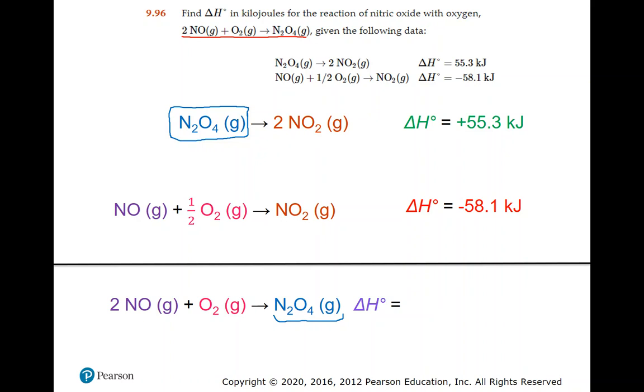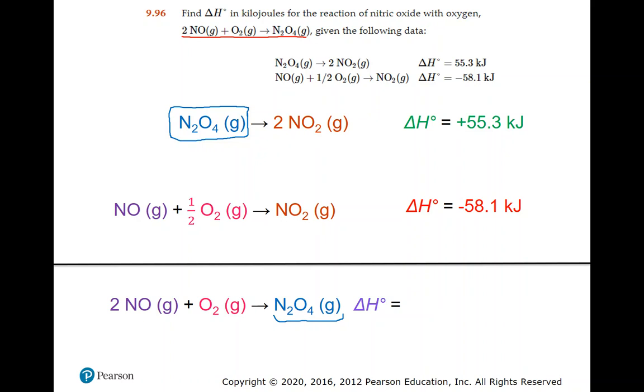And going through these steps, there's basically two operations you can do to each one. You can either flip an equation, which means transposing the reactants and products, in which case the resulting reaction, basically writing the reaction in reverse, will have the same enthalpy change, except it will be negative if the previous enthalpy change was positive, or vice versa.